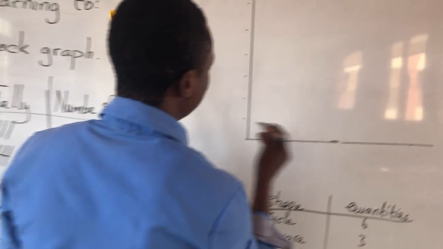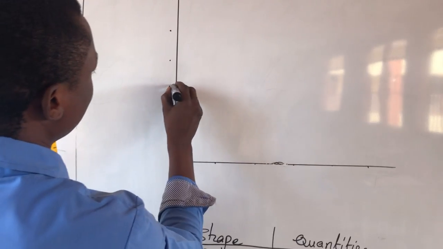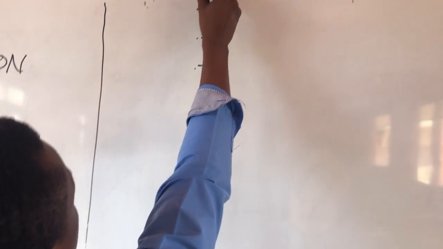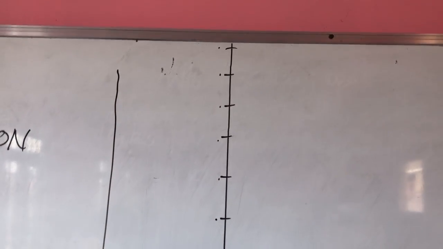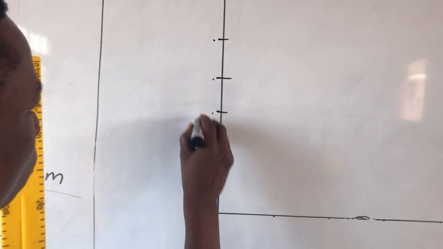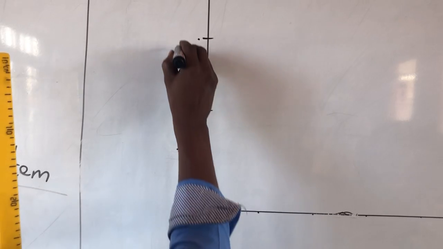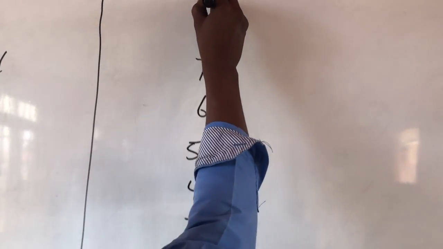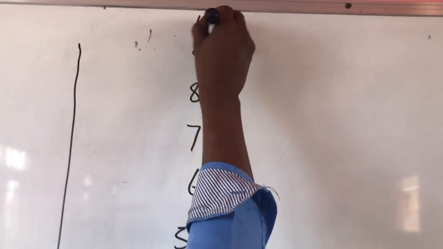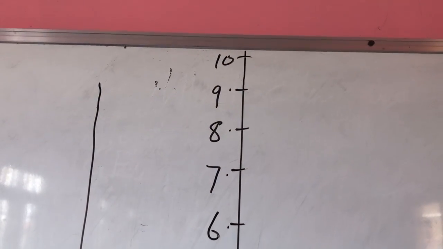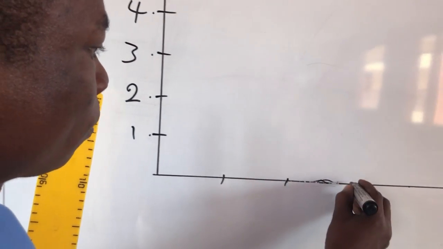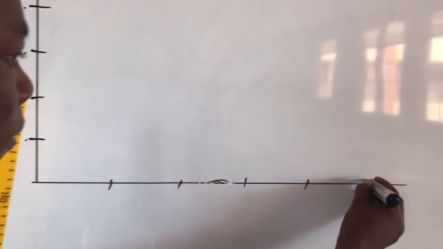First, I have to indicate or demarcate these ones. This is 1, 2, 3, 4, 5, 6, 7, 8, 9, 10. The other one should be this. You mark it nicely.